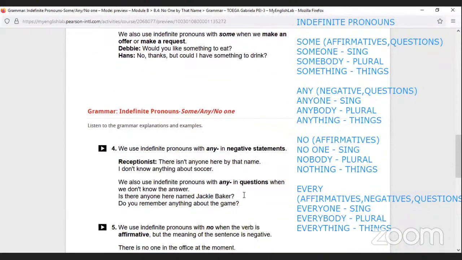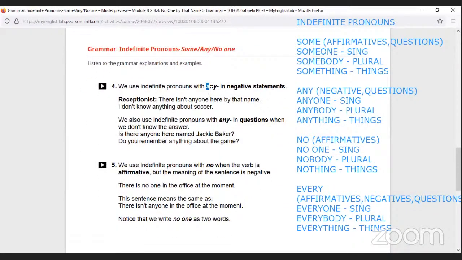Any, always in negative statements and also for questions. There isn't anyone here by that name. I don't know anything about soccer. As you can realize, the sentence is negative here and negative here, so I can use anyone, anything, anybody.